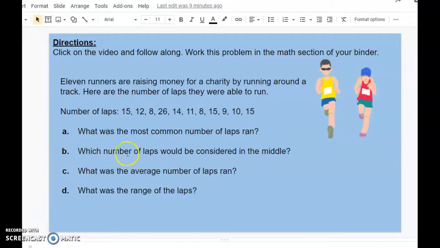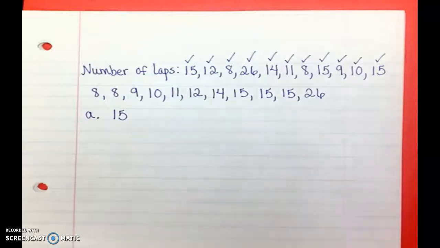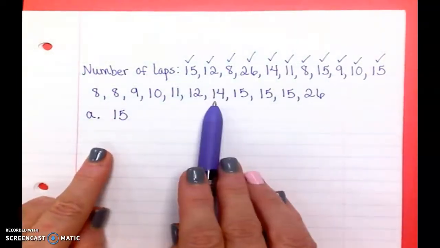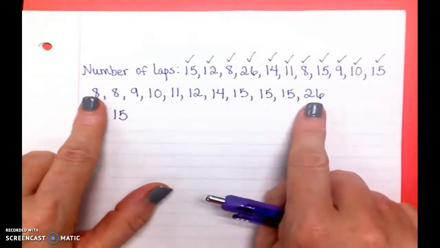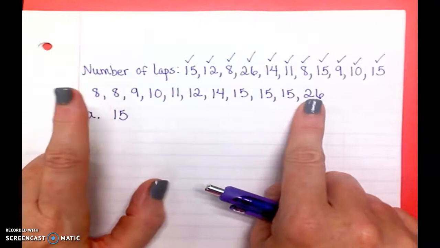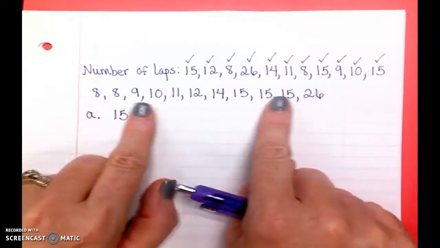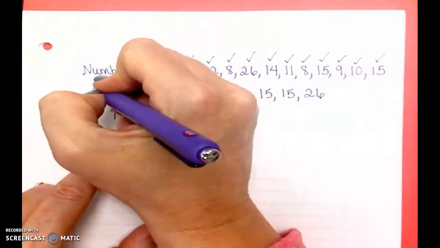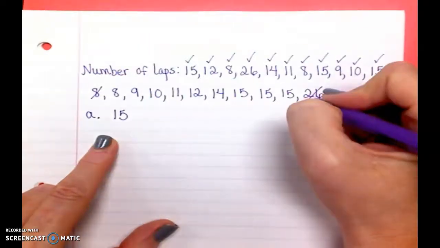Okay, let's look at B. B says which number of laps would be considered in the middle. So what we want to do with our list is we need to find the number that's in the middle of the list. So we need to work our way to the middle from our highest value and our lowest values until we reach that middle number. So sometimes it's just helpful to mark them off one at a time.